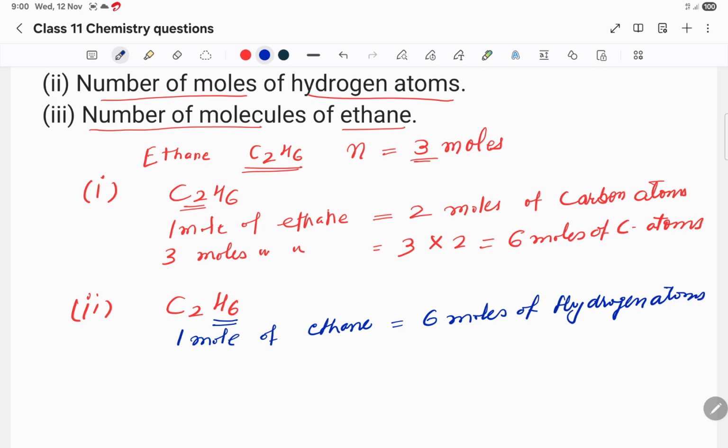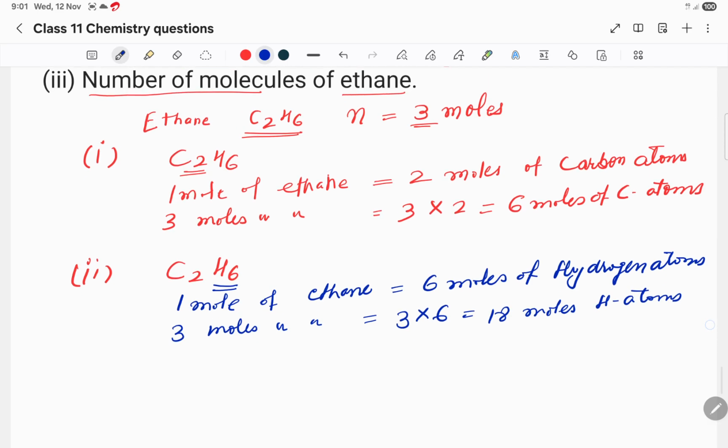Okay, and how many 3 moles are going to have? 3 moles of ethane will have 3 into 6, which is 18 moles of hydrogen atoms. So once again, this is how hydrogen atoms has been calculated.